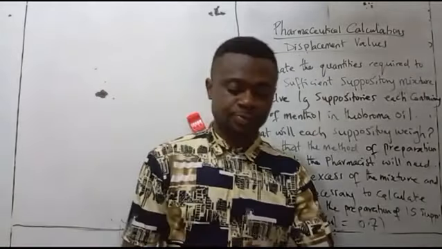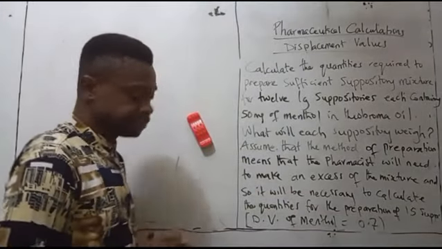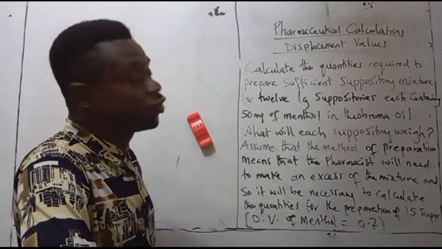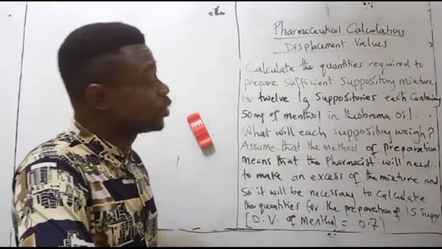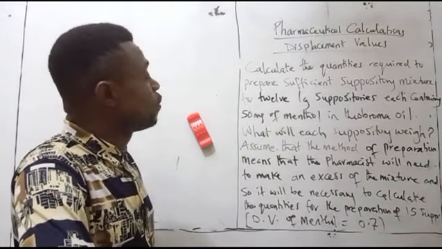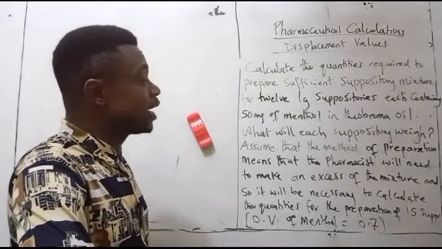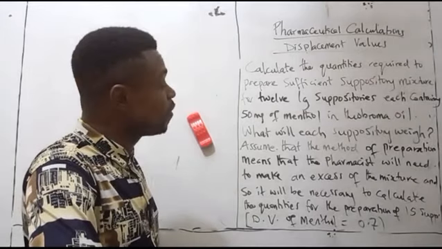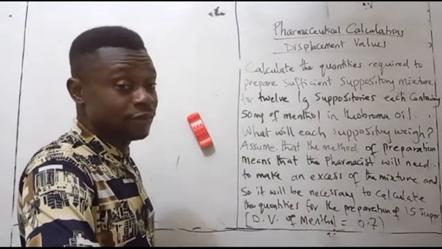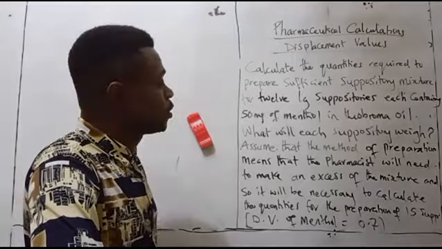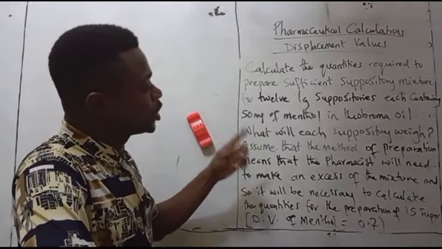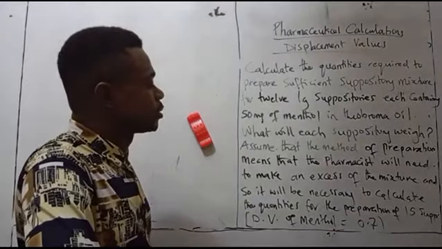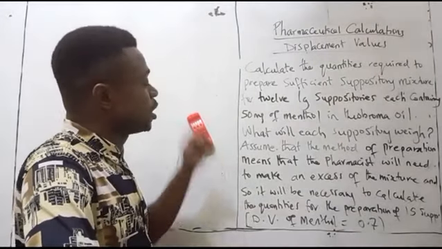Okay. The question says, calculate the quantities required to prepare sufficient suppository mixture for 12 1-gram suppositories, each containing 50 milligrams of menthol in theobroma oil. What will each suppository weigh? That's the first part of the question.